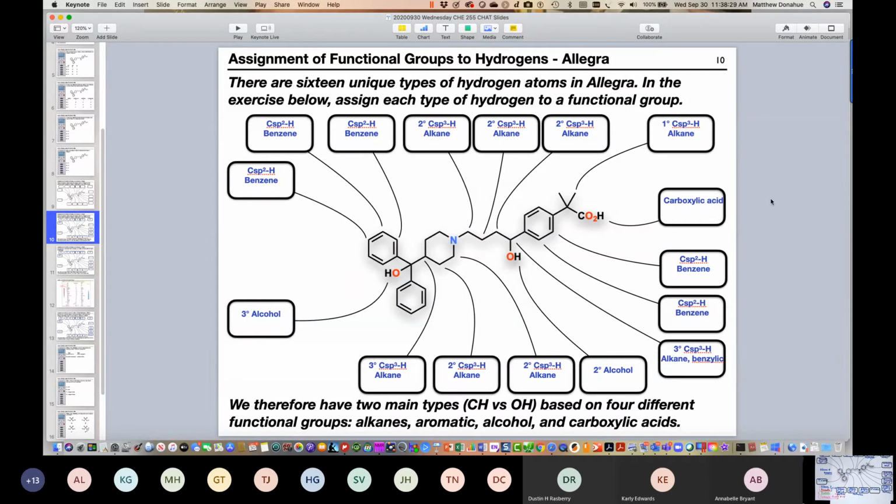At this point, we don't really need to go into the granularity of primary versus secondary versus tertiary. That's probably where you got 7 from. Let's just focus on the main functional group names.